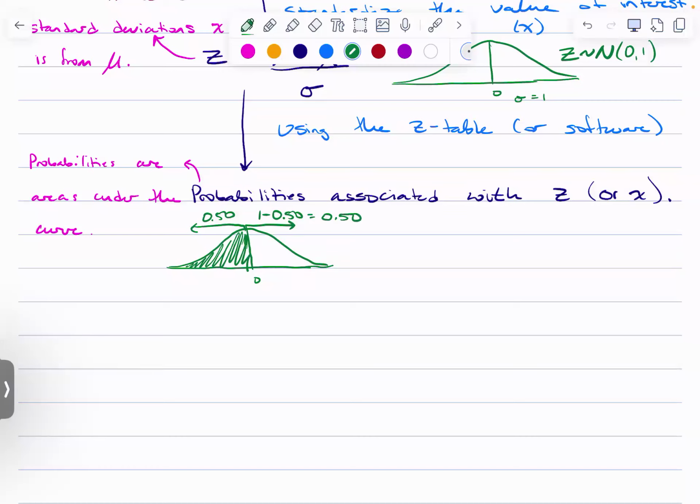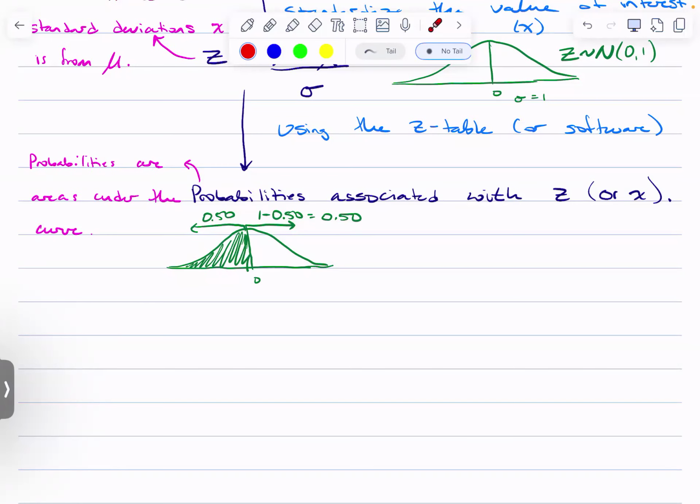So you don't even need the Z table. If your Z is 0, you know the area to the left and the area to the right. It's any other areas that we need the Z table for, because it gets difficult when we have this curvature. If these were just blocks, we could just add up the areas of the blocks, but these don't behave like blocks. And so that's why we need to be careful.